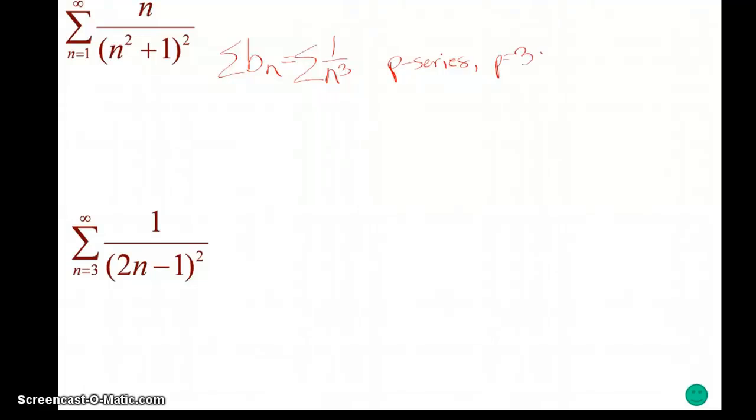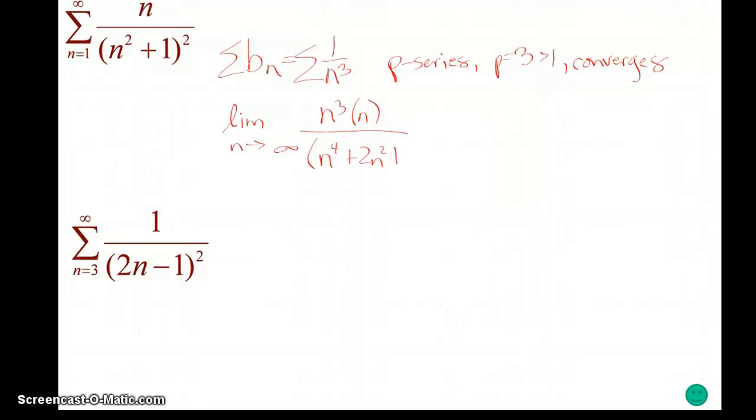This is a p-series. See how important it is that we recognize geometric series and p-series and the harmonic series. This is a p-series where p is 3, which is greater than 1. This series converges. So let's plop those in the limit. As n approaches infinity, that's n cubed times n over, let's go ahead and expand this. That's n to the 4th plus 2n squared plus 1. So we have n to the 4th and n to the 4th that are the leaders in the numerator and the denominator.